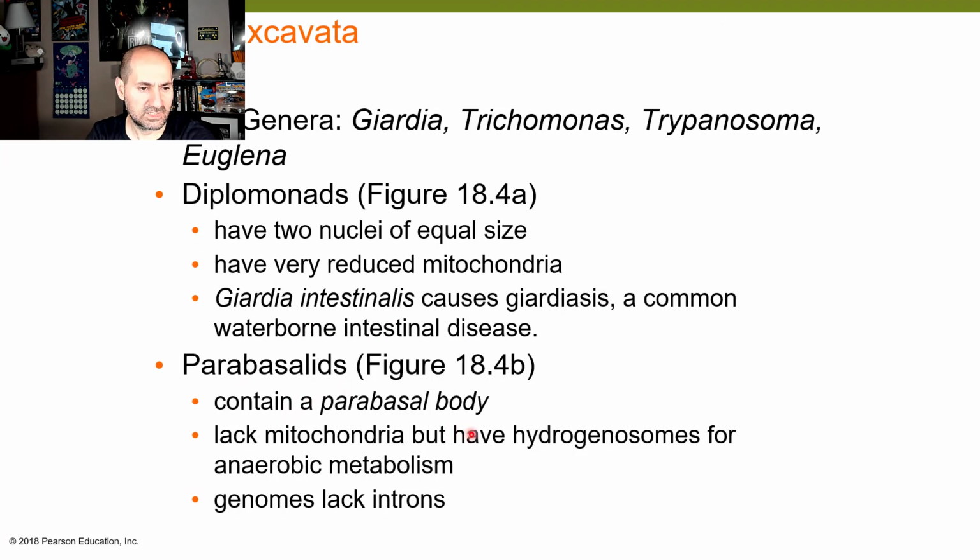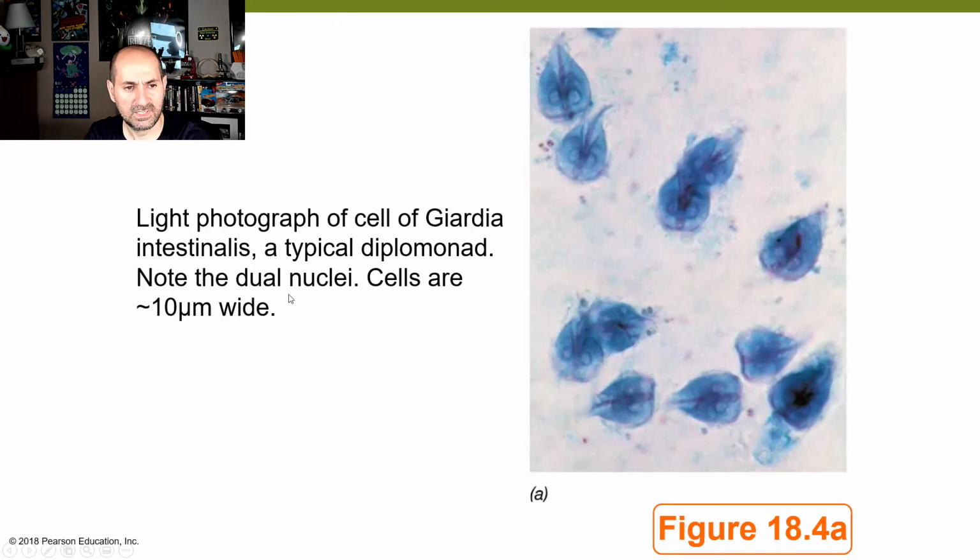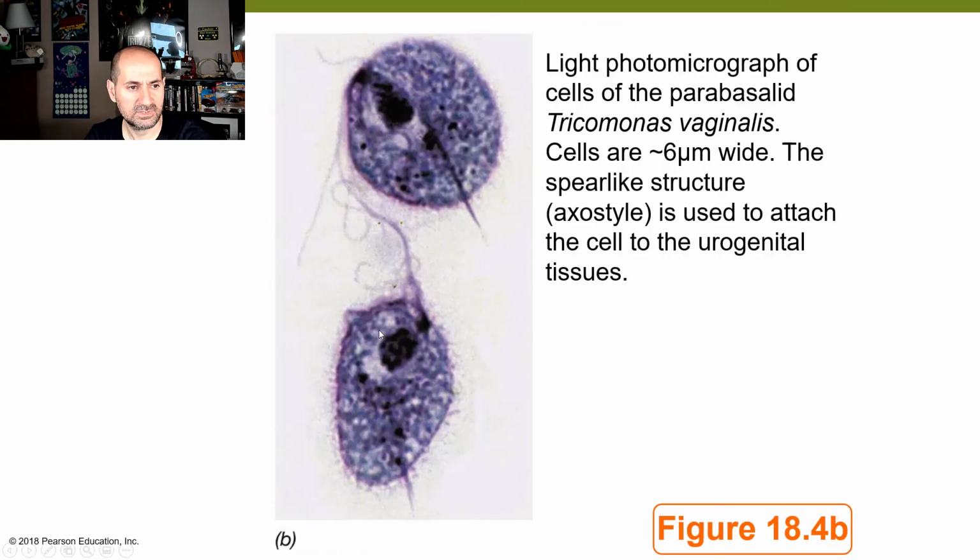And parabasalids, which contain a parabasal body. Those were the ones I gave you as examples there. So you can see here the Giardia intestinalis with their diplomonads. You can see the 2 dots here represent their 2 equally sized nuclei. And then here you have the parabasalid, and that was another example.